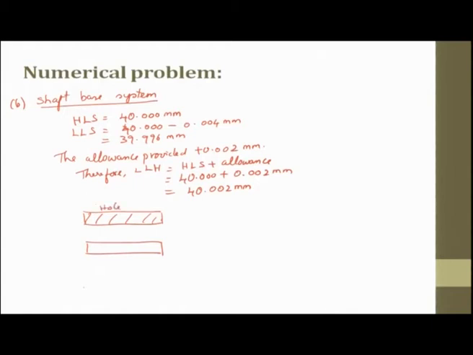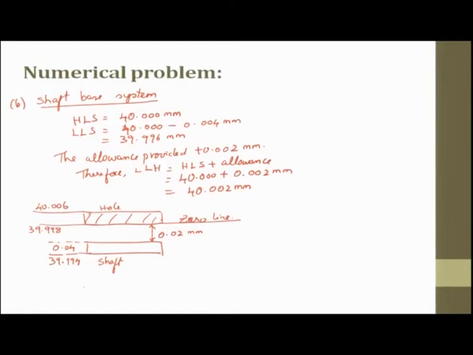If you want to express it in a pictorial form, then it can be like this: this is hole, this is shaft. Here it is 39.994 and here it is 0.04. This is the zero line, and this difference is going to be 0.002 millimeter, and here it is going to be 39.998 and here it is going to be 40.006.